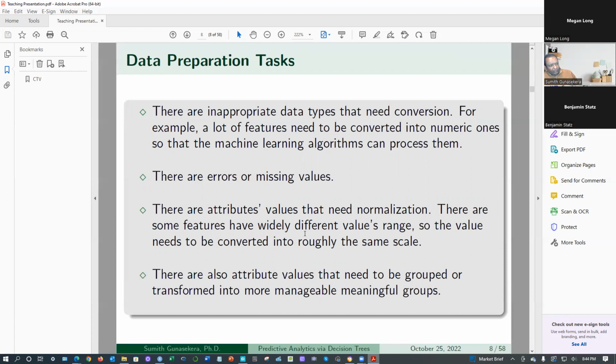There are some features with wide different value ranges, so the values should be converted into roughly the same scale. Means you have to standardize. You know how to standardize. We were talking about it even last time: in order to get the correlation coefficient, we standardize data. X minus X bar, or Y minus Y bar, divided by the standard deviation. There are also attribute values that need to be pre-grouped or transformed into more manageable, meaningful groups.